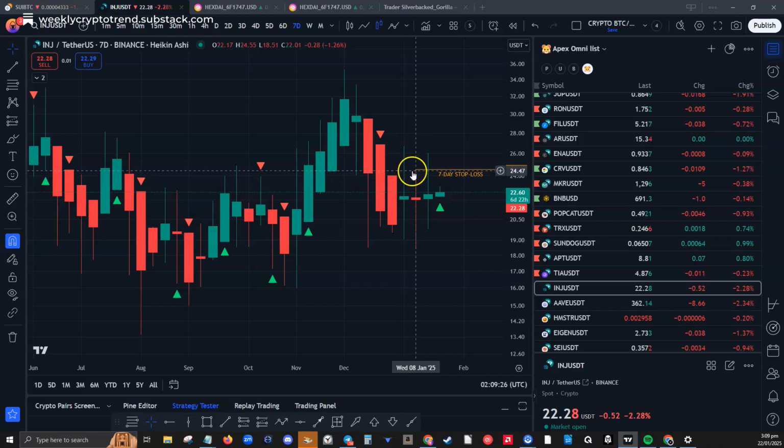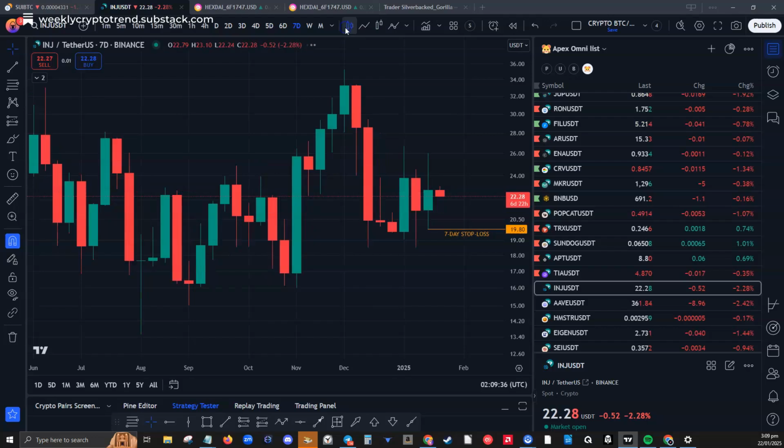Injective. By the looks of it, that would straight away be a buy with this green closed candle and a long indicator. No real reason to check this because if you judge from the middle of those, this is very powerful because it's a large engulfing green candle. It can do what it wants here.